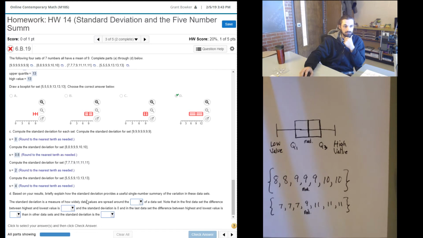So based on your results, briefly explain how the standard deviation provides a useful single number summary of the variation in these data sets. Well, a standard deviation is a measure of how widely data values are spread around the blank of a data set. Well, that would be the median. Yes, because you're looking at how spread your data is off the middle value.